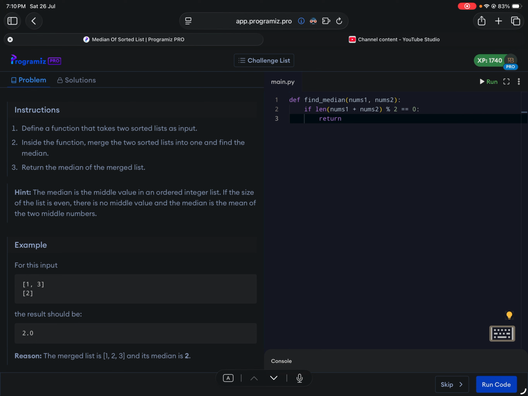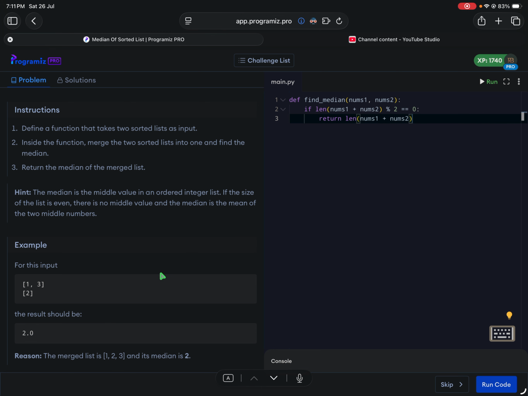So it will be the length of the list divided by 2 minus 1, right? It will be length of nums 1 plus nums 2.